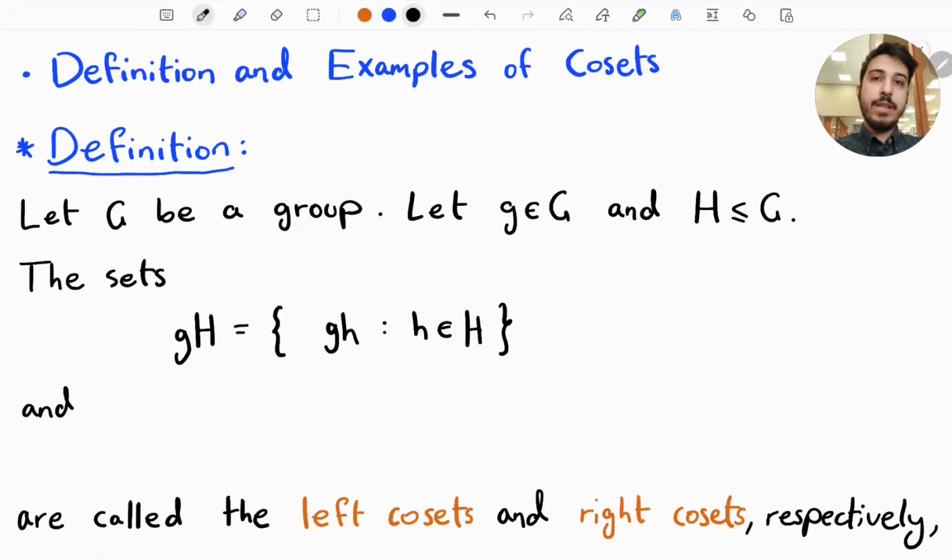So essentially we're taking this element g and multiplying by all of the elements in H, yielding us this coset gH. This coset is a left coset since the multiplication is done on the left by g. A right coset similarly is denoted by Hg, which is the multiplication from the right by g.